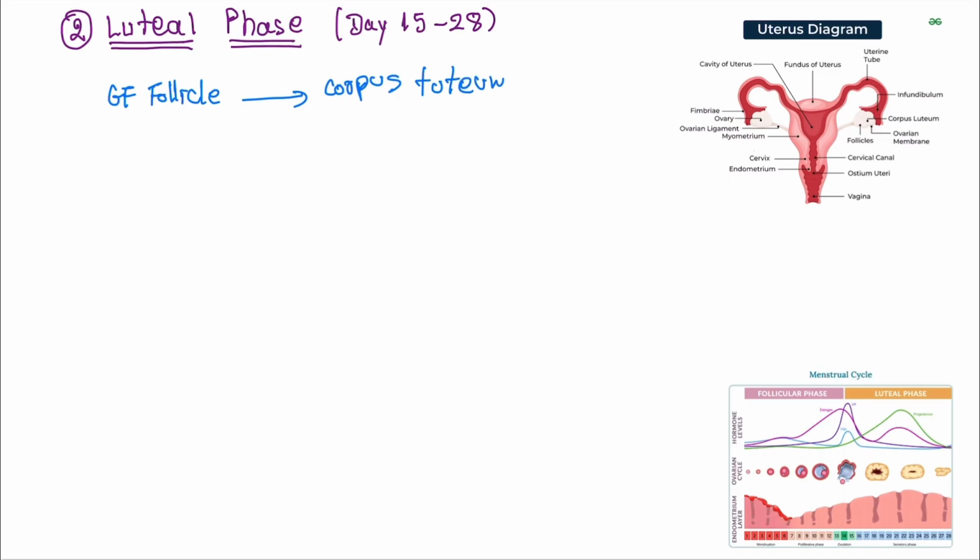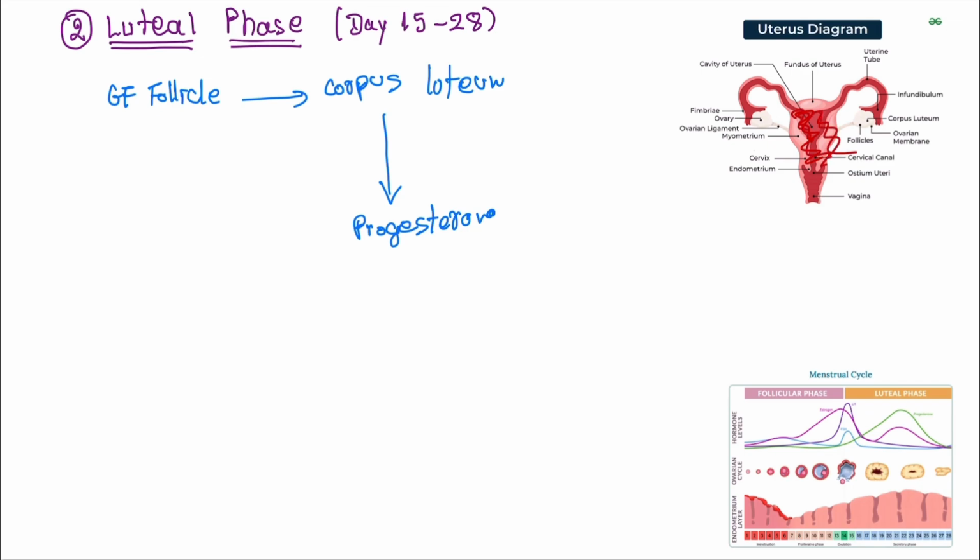When it becomes the corpus luteum, it is the important source that produces progesterone. One of the important roles of progesterone is to keep the uterus lining, the endometrium, thick and ready for pregnancy. So this is very important.